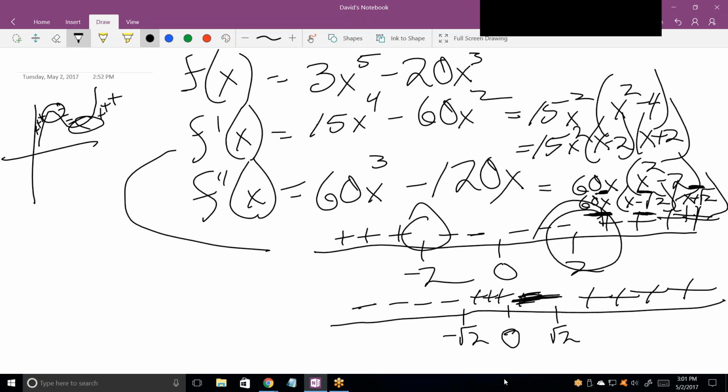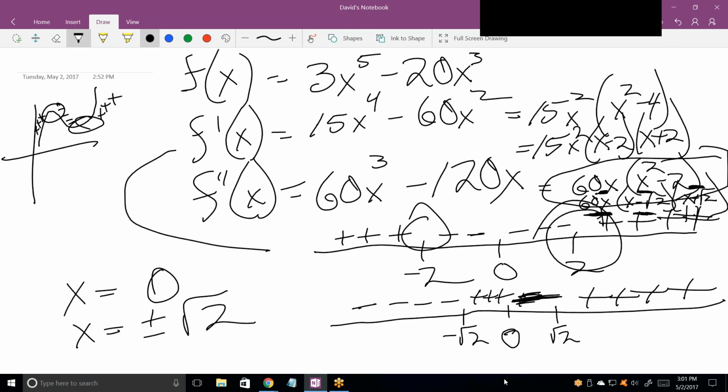So, in other words, I'm looking at my second derivative function. Zeros of that are x equals 0 and x equals plus or minus square root of 2. So we should have 3 inflection points. Inflection points are always where your second derivative is equal to 0.